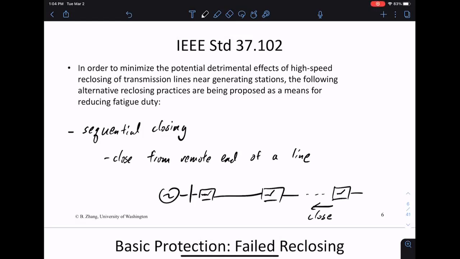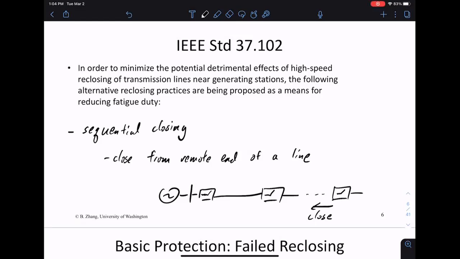Because you don't want to close too quickly close to your generators, but you still want to clear the fault by successively closing. So you go from the right-hand side, from far away, and keep closing toward the generator. This is the normal sequence of closing, the protection sequence we have in our system.